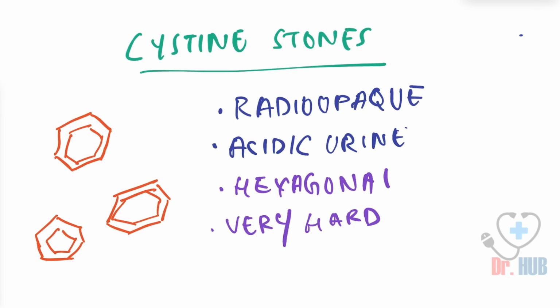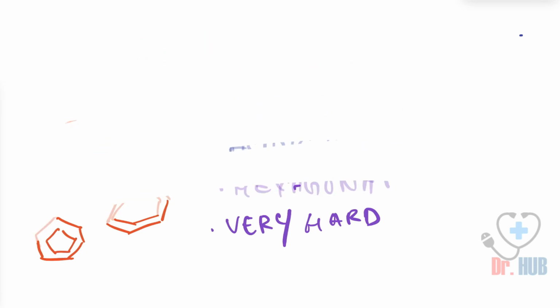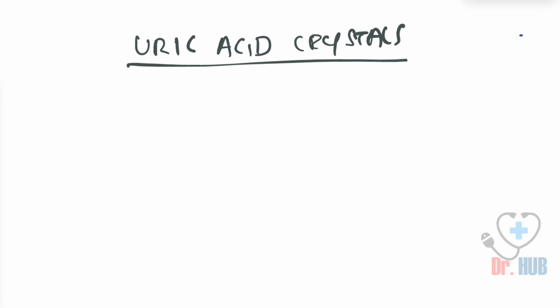Then we move on to the uric acid crystals. So what are these uric acid crystals? They are in varying shapes. That is, they can be rhomboids or parallelograms, so they can be in random shapes.